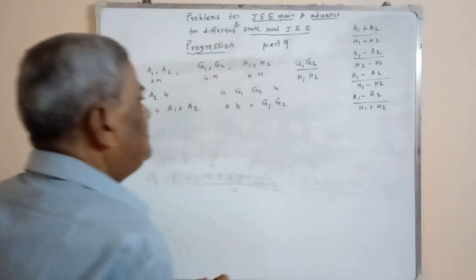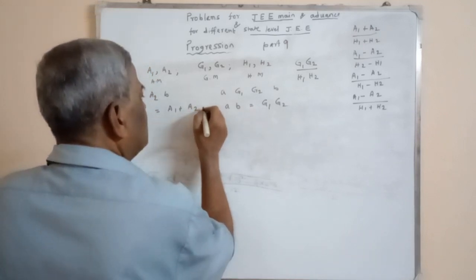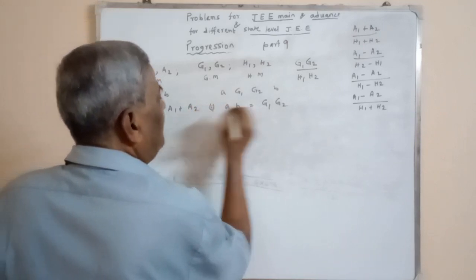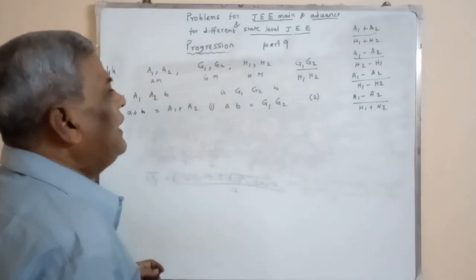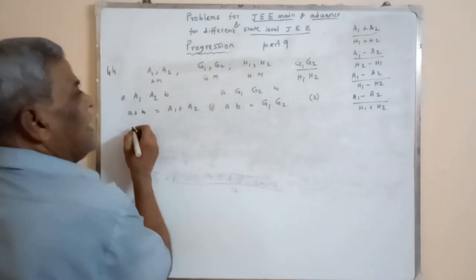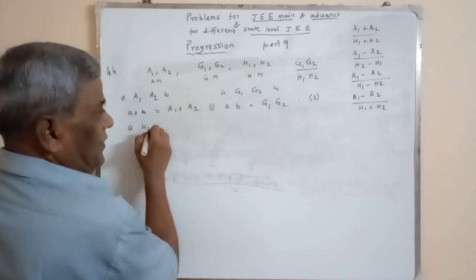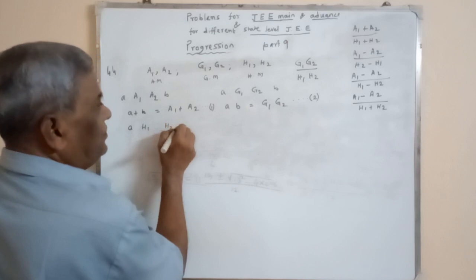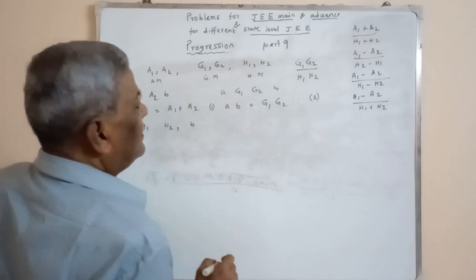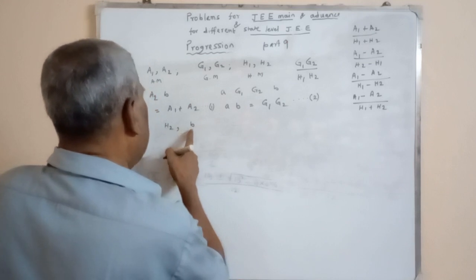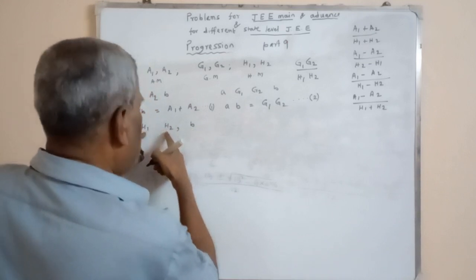And thirdly, suppose this is 1, this is 2. A, H1, H2 and B, between these two numbers, these are the harmonic means.